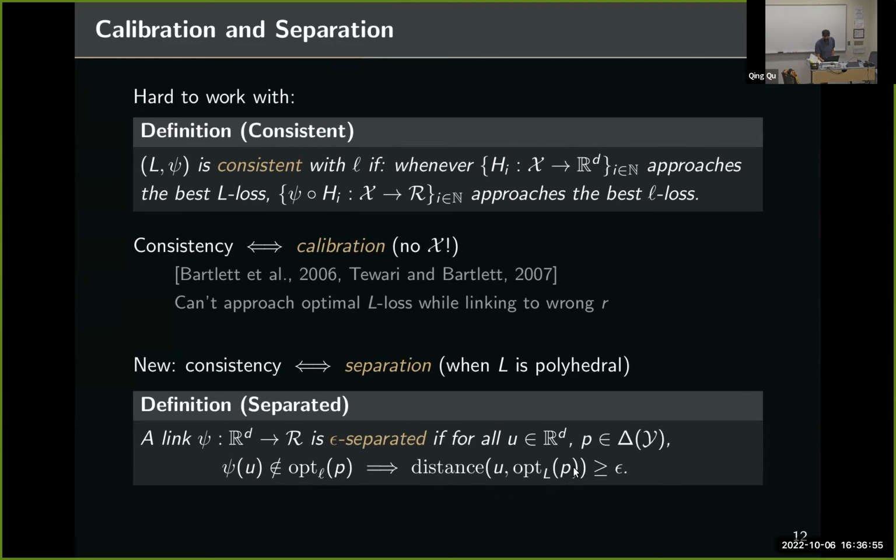Here are all the points that are optimizing the surrogate. If you have something that's linking to a suboptimal target, then it must be far from the optimal surrogate report set.